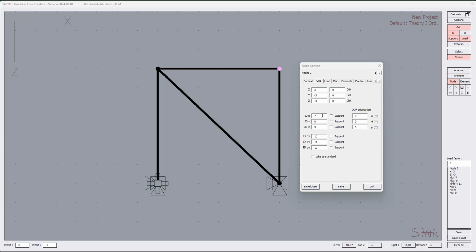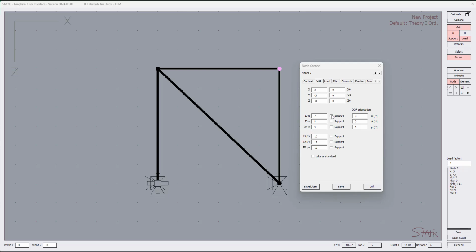For each of the nodes you have 6 degrees of freedom, 3 with respect to displacement components, U aligned to X, V aligned to Y, and W aligned to the Z coordinate direction. And we have the 3 rotational degrees of freedom, phi X, phi Y, and phi Z, the rotation angle around the 3 axes. Then we can also decide to have one or the other degree of freedom to be supported.